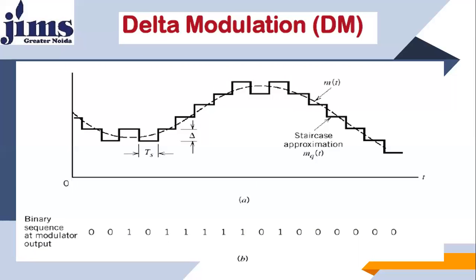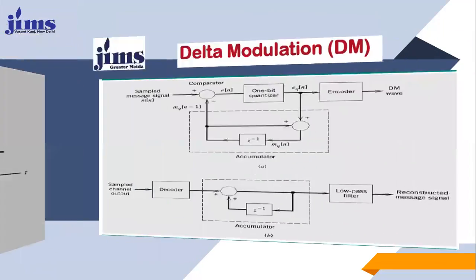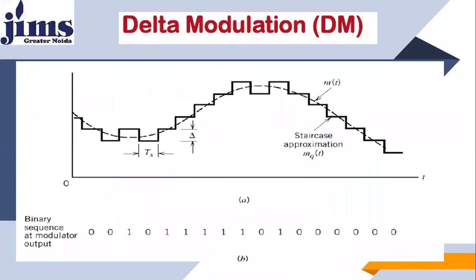Right? So if the slope of this analog signal is decreasing, then when you compare the present sample with the previous one, you will find that it is always less than the previous one.